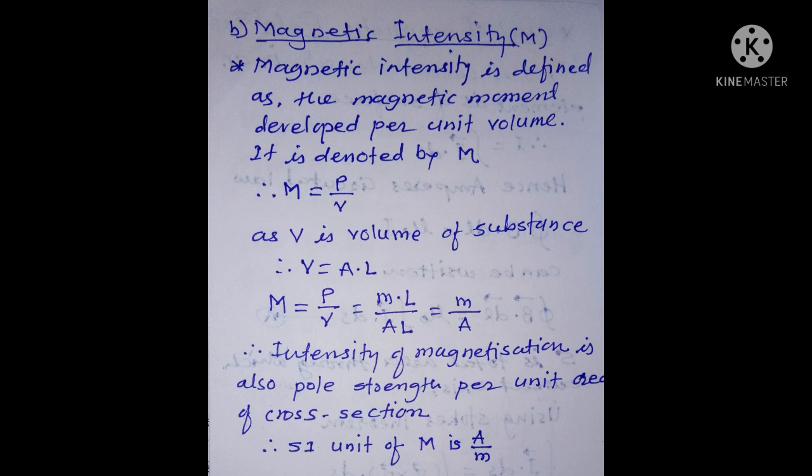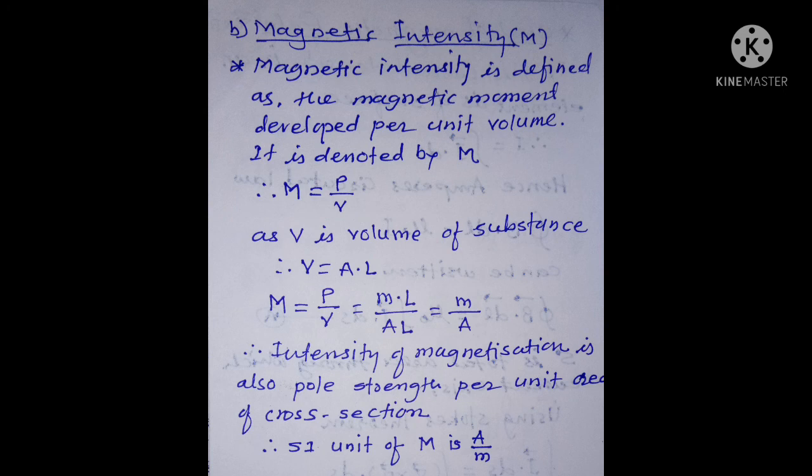Therefore M equals P divided by V, that is equal to small m into L divided by capital A into L. Therefore L gets cancelled and we get M is equal to small m divided by A, that is nothing but the magnetic moment divided by area of the substance.